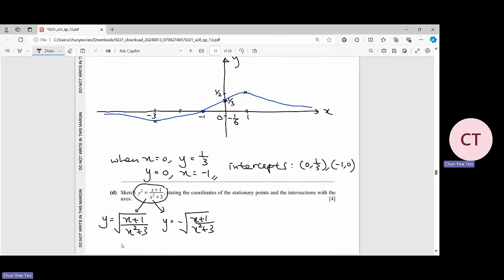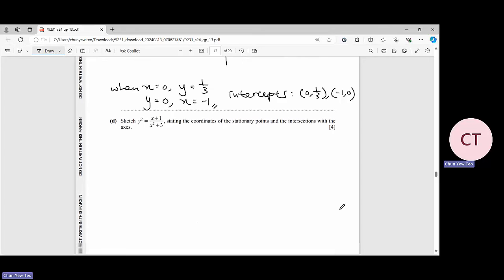I just need to focus on the positive side. This one is just a reflection about the x-axis. So I'm just focusing on sketching the graph of y equals the square root of the original graph. So how do you sketch the graph of y equals the square root of the original graph?